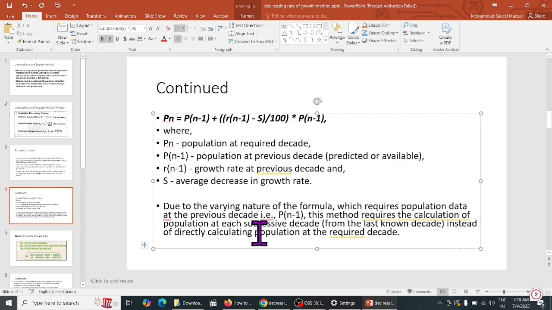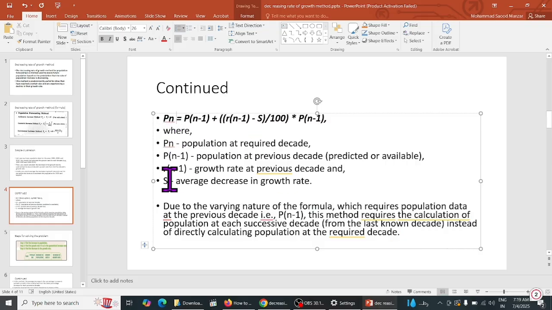So here you have to find the population for each consecutive decade. You cannot jump directly to 2030; you have to find the population for 2000, 2010, 2020 and 2030 from the last known decade, instead of directly calculating Pn.